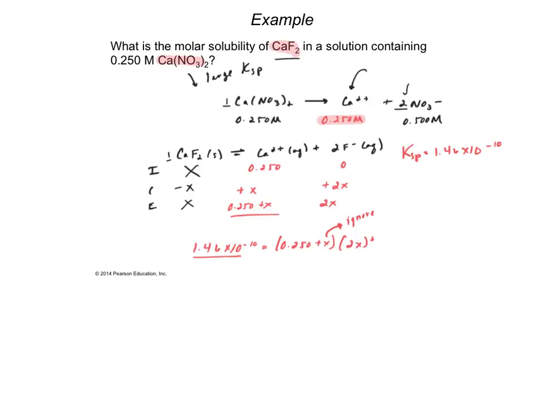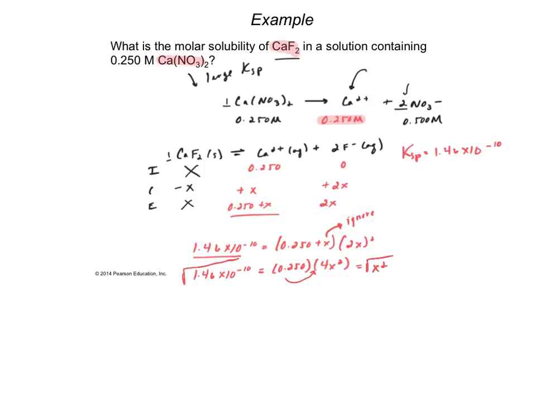So when we ignore that, we're going to be left with 0.25 times 4x squared. When I multiply those together, 4 times 0.25 gives me a 1. So this is going to be 1.46 times 10 to the minus 10 is equal to x squared, right? Because this times this is just 1, so I'm just left with my x squared. I'm then going to take the square root of 1.46 e to the minus 10.